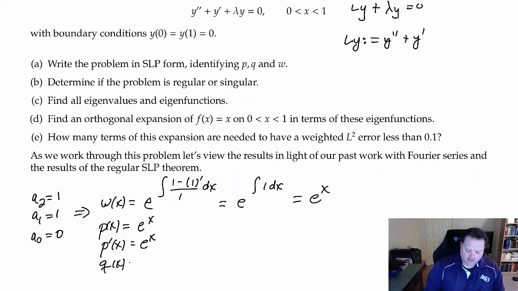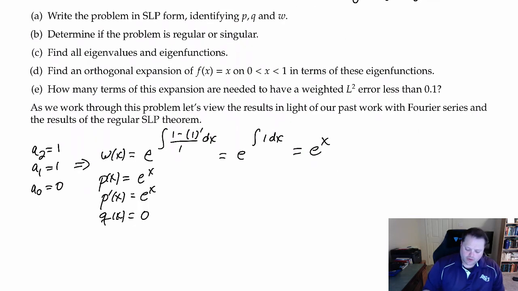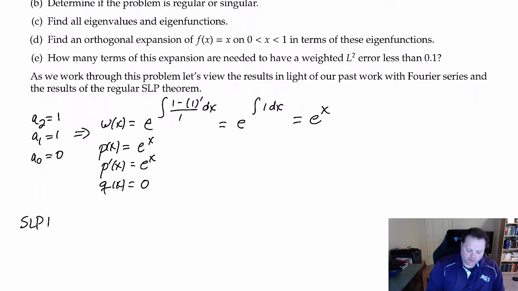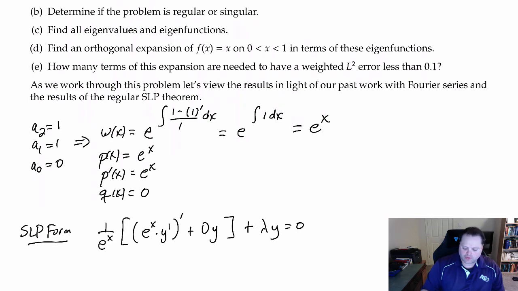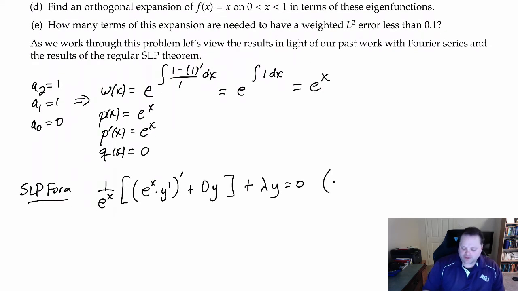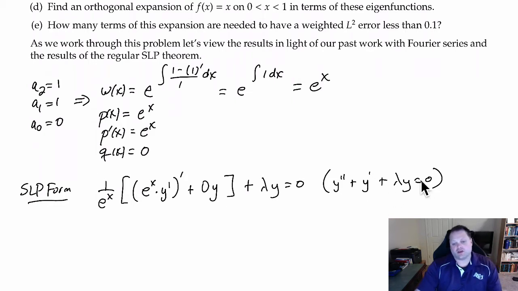And q of x is going to be 0. So if we write this in SLP form, this differential equation can be written as 1 over e to the x times the quantity p of x times y prime, prime, plus q of x, which is 0, times y, plus lambda y equal to 0. This is our SLP form of this eigenvalue problem.